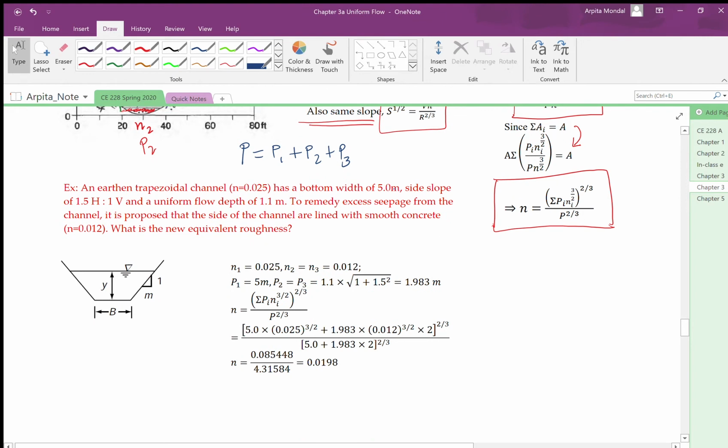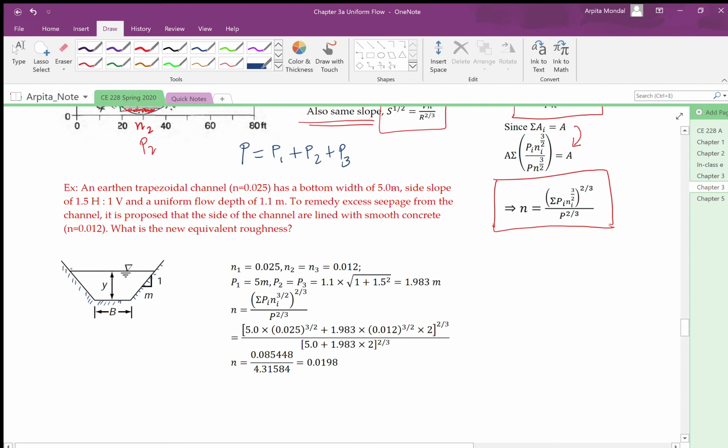This is an earthen, trapezoidal channel. Side slopes are typically represented by the horizontal to vertical ratio, which is 1:m. Here it is 1:1.5. The depth of flow is denoted by Y, and the bed width is denoted by B.